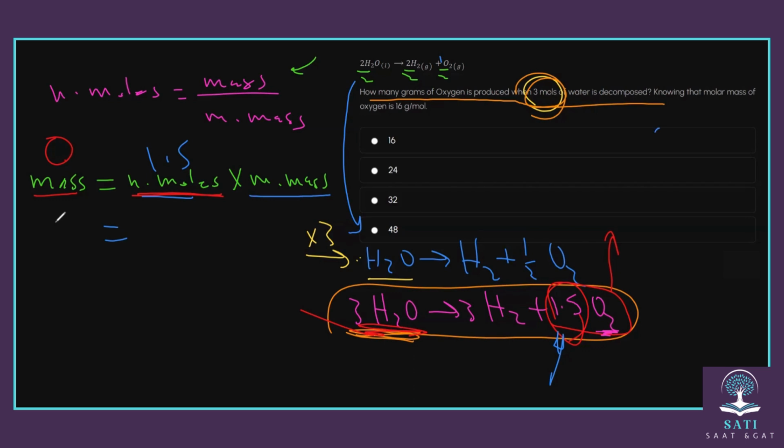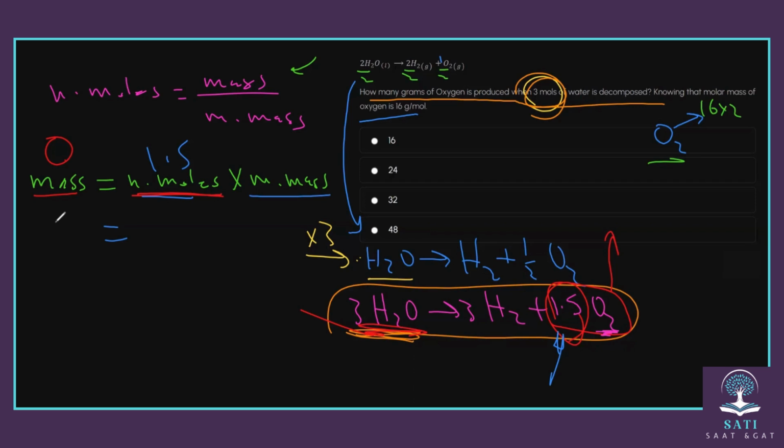When you deal with oxygen as O2, the molar mass given is 16 for oxygen. It means 16 is for the atom of oxygen, not the molecule of oxygen. Since we deal with it as a molecule in the equation, O2, we multiply 16 times 2 because we have 2 atoms in the molecule.